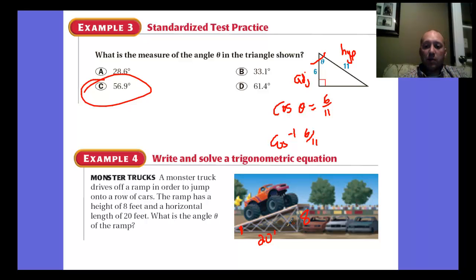So we're dealing with opposite and adjacent, so we use tangent. Tangent of theta equals 8/20. And so then I can punch that in, the inverse tangent of 8 divided by 20. You get 21.8 degrees. So that would be the angle to give us this ramp.